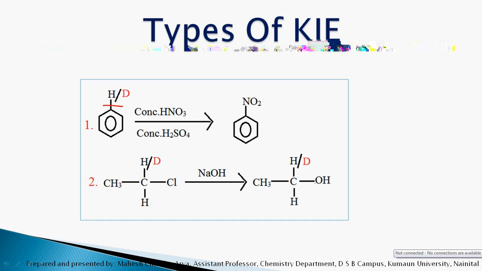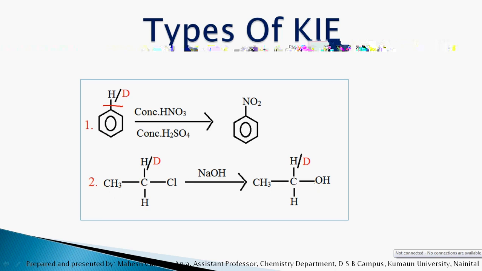So suppose kinetics of this first reaction is studied under two conditions, namely the first, where all 6 hydrogens present on benzene are protium, and second, where all 6 hydrogens present on benzene are deuterium type. So the difference in the rate of this nitration or this electrophilic substitution due to this isotopic substitution will be kinetic isotope effect.